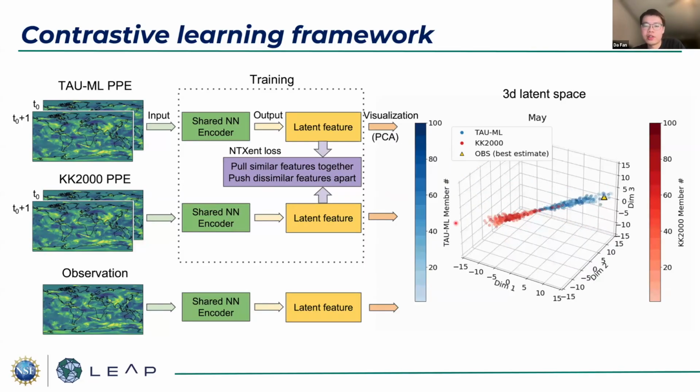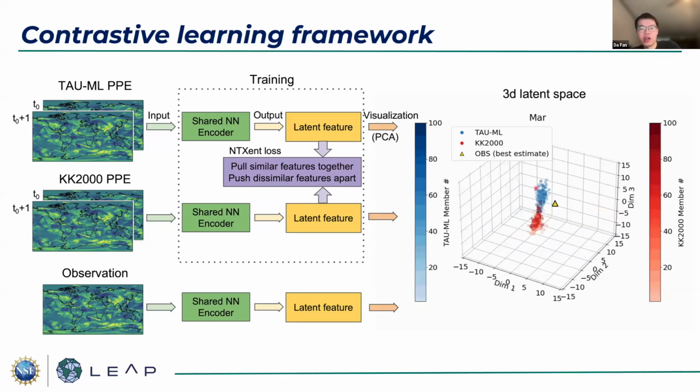So on the right, you can see the 3-dimensional latent space representation of tau-ML, KK2000, and observation data. We have the tau-ML in blue and KK2000 in red and observation in yellow. It shows the features across months.